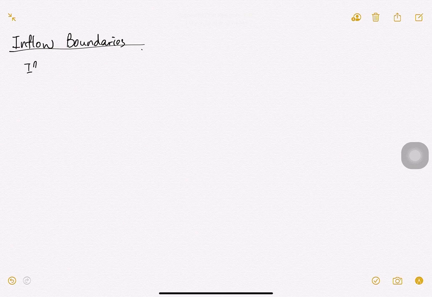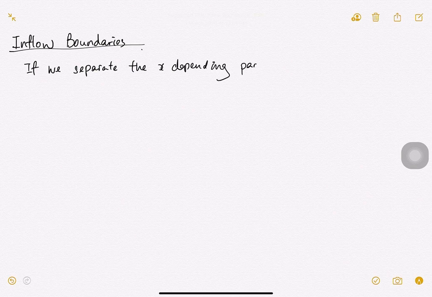So if we separate the x dependent part from the wave solution, the values of u depend on x and t.